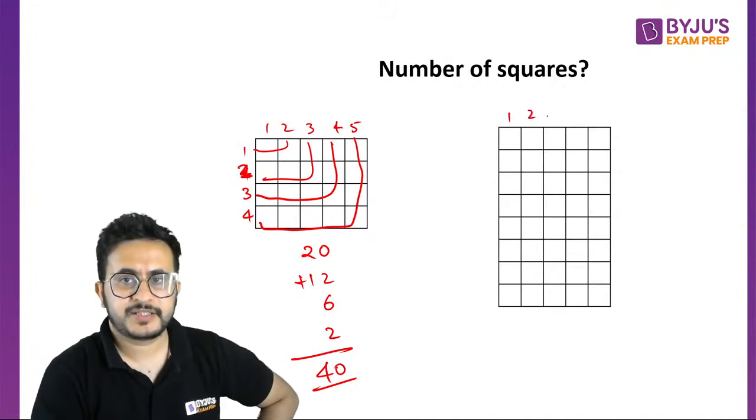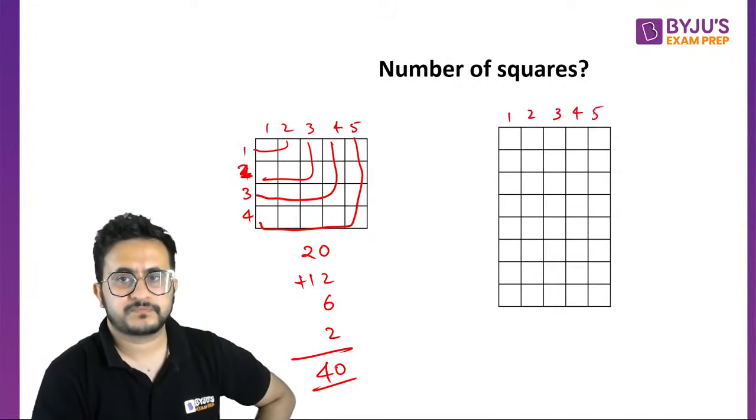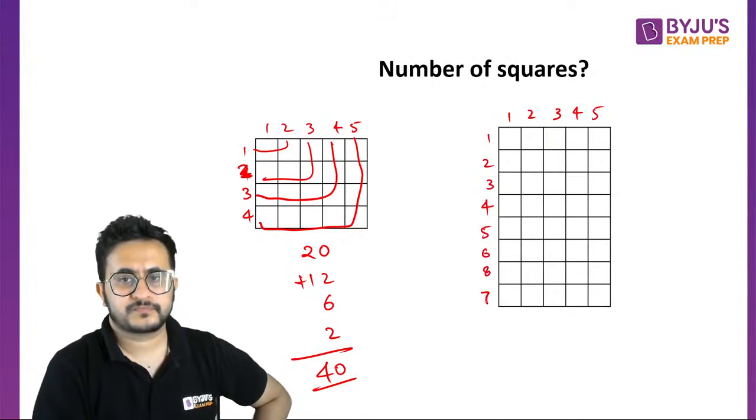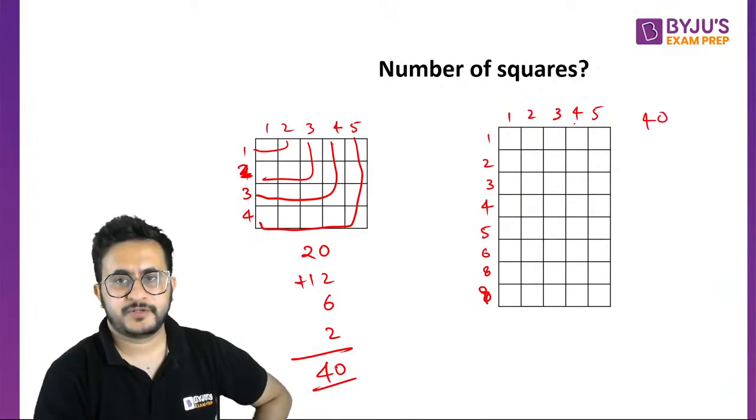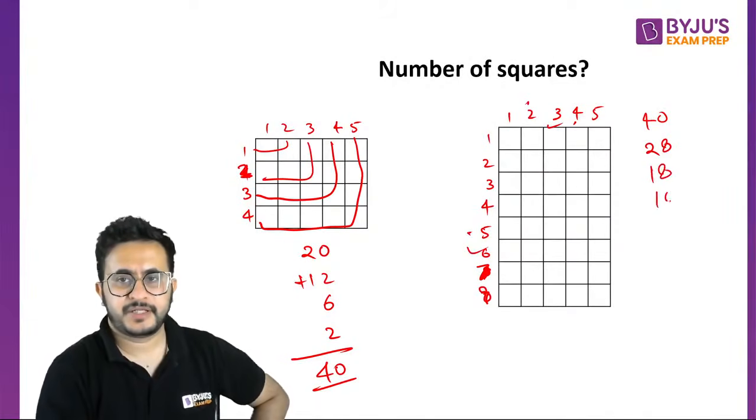Suppose we have to find in this case. So it is 5 into 8, that is 40. Then 4 into 7, that is 28. Then it will be 3 into 6, 18. 2 into 5, 10.